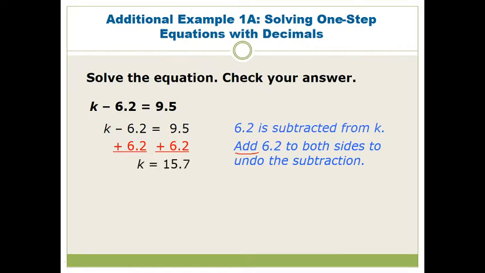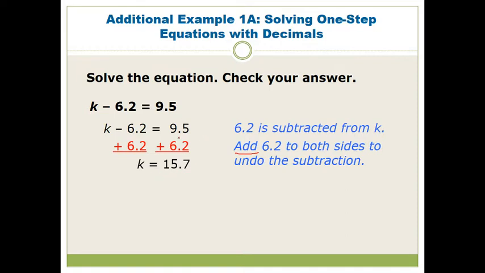That gets k, or the variable, all by itself on the left-hand side. You can see that if I combine negative 6.2 and positive 6.2, you get 0. And k plus 0 is just k. And then now go ahead and add 9.5 and 6.2, and we get that k is equal to 15.7.